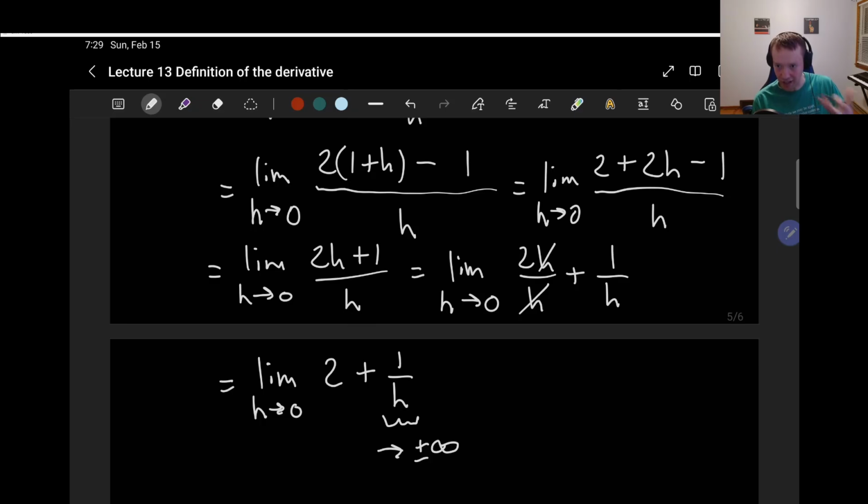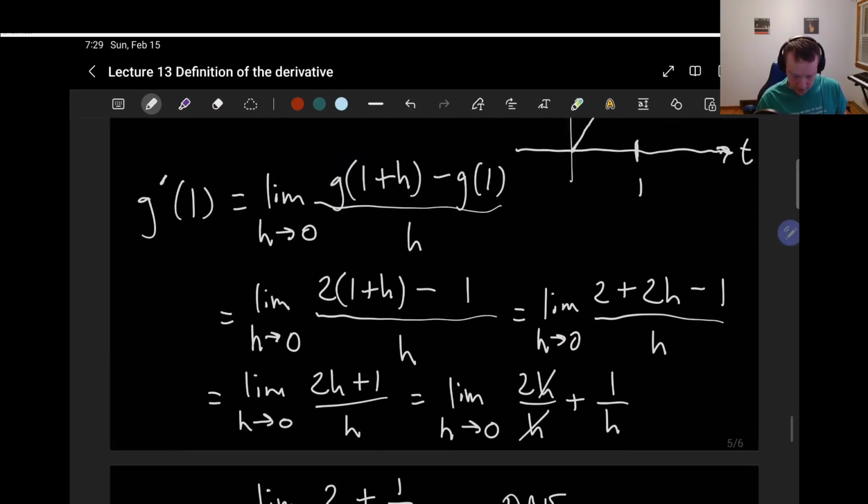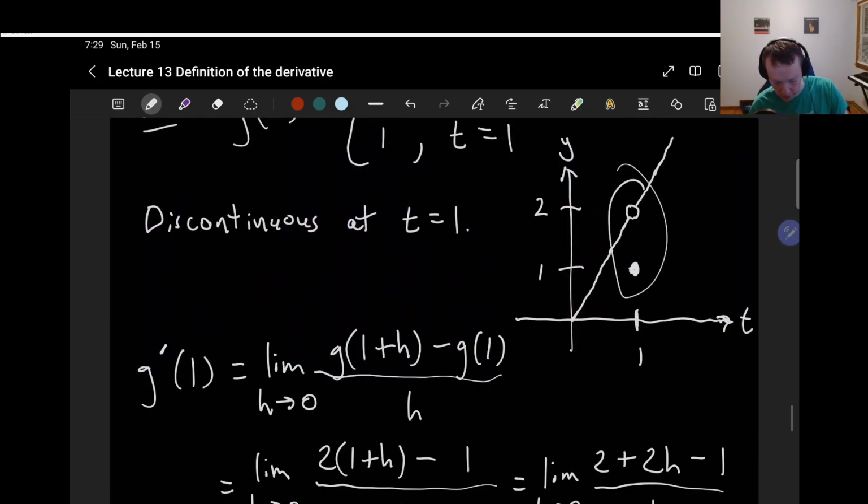Because we have infinity involved, it means that this limit does not exist. So when you have this sudden jump, like we see in the graph here, we're discontinuous. If you try to work out the derivative at that point, you'll get infinity or minus infinity, which does not exist.